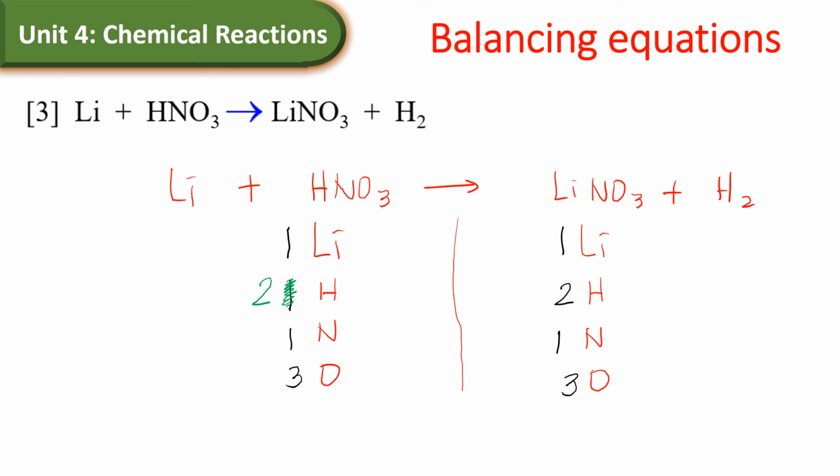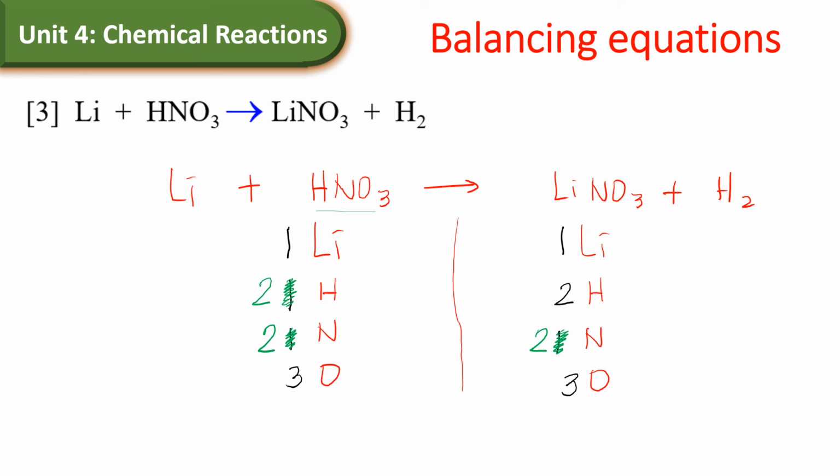Now if you go back here with the equation, remember that hydrogen is bonded with your nitrogen and oxygen. So if I make hydrogen here 2, my nitrogen will also be affected, right? So the nitrogen on the other side will also be affected.